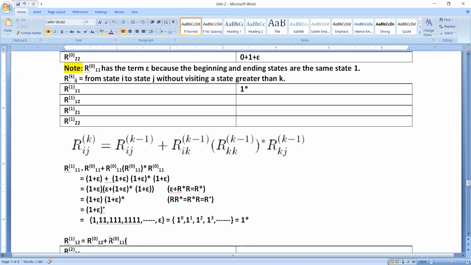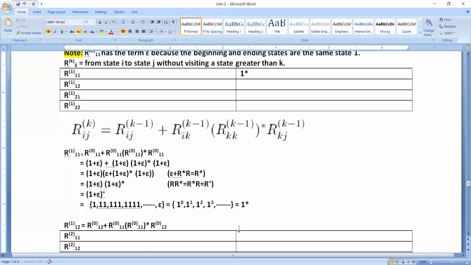R k k means R11 power star, R11 power star into R k j power k minus 1. What is k? 1. j is 2. Okay, so R12 power 0. Now we need to simplify this.